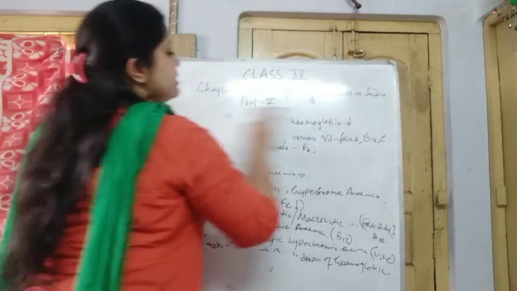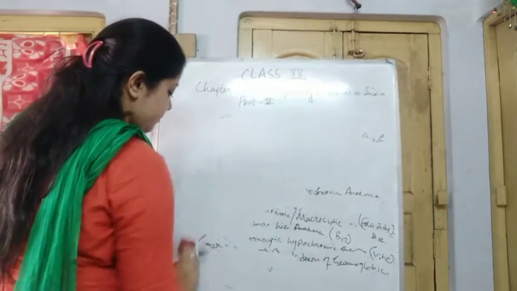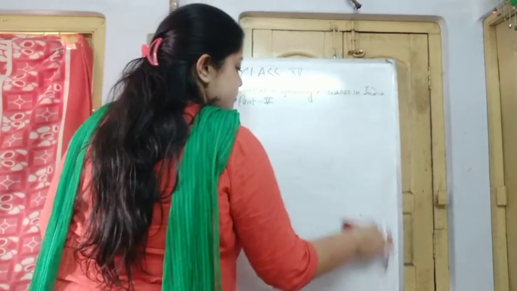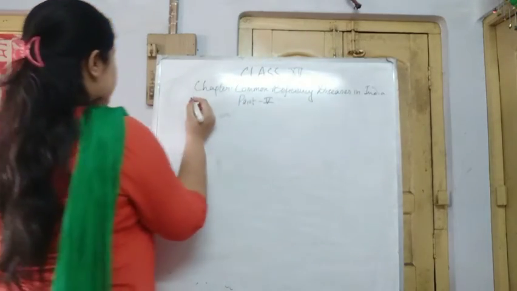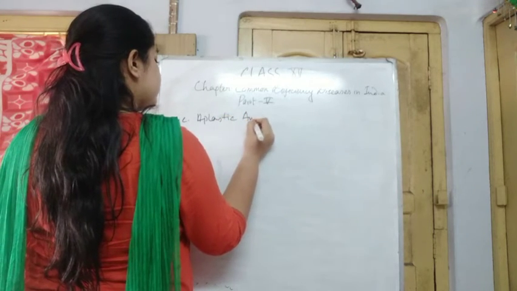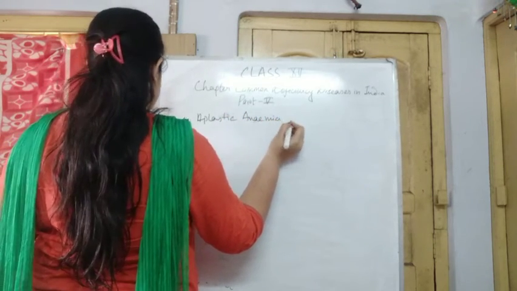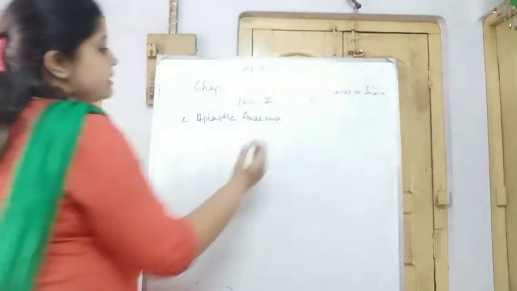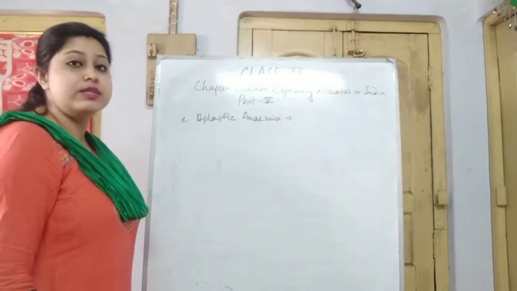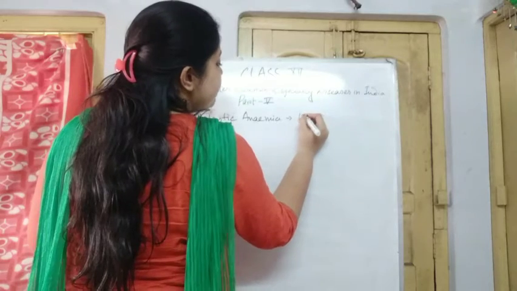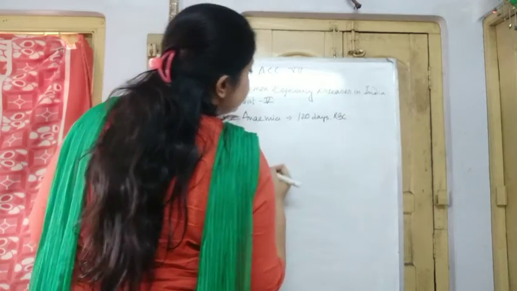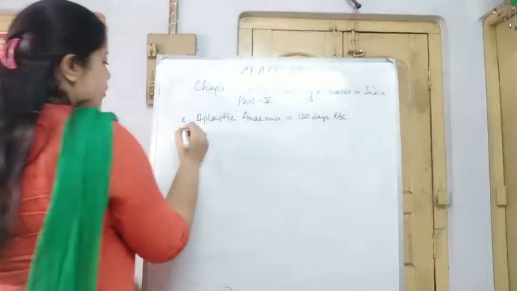The next one is aplastic anemia. Aplastic anemia is when the lifespan of an RBC decreases. The normal lifespan of an RBC is 120 days, but when it decreases, then aplastic anemia forms.